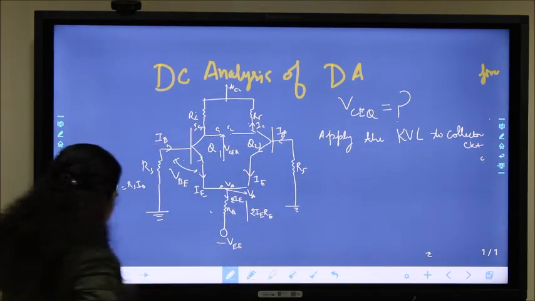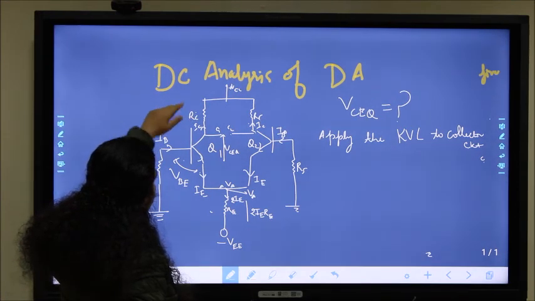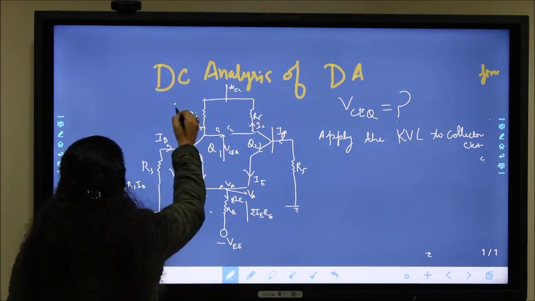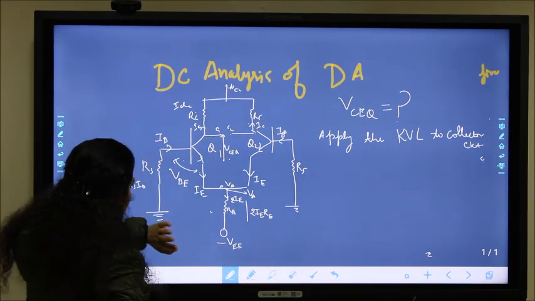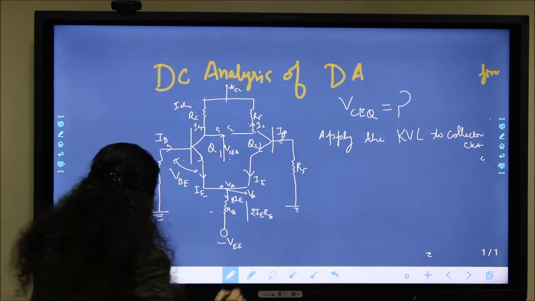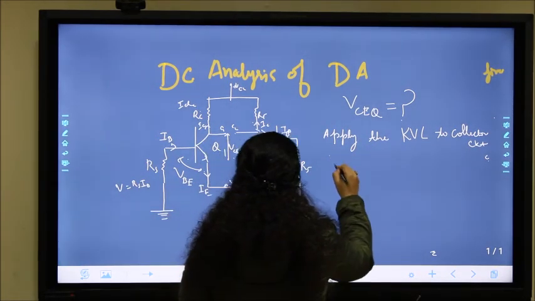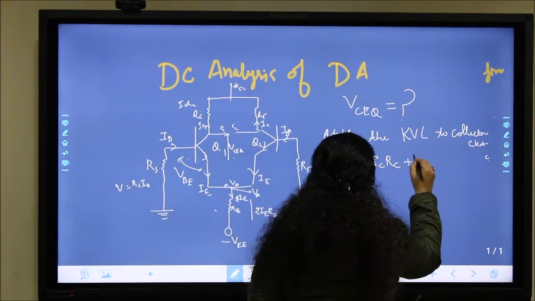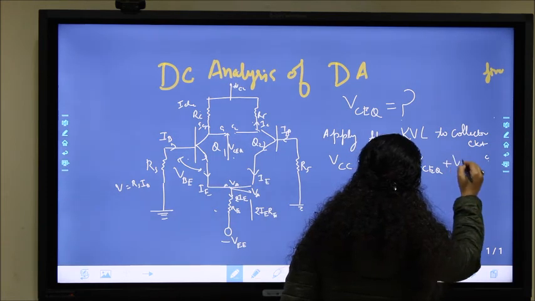The voltage drop across RC is IC RC, the voltage drop here is VCEQ, and the voltage drop here is VA at the junction point A. Now I can write that VCC is equal to IC RC plus VCEQ plus VA.